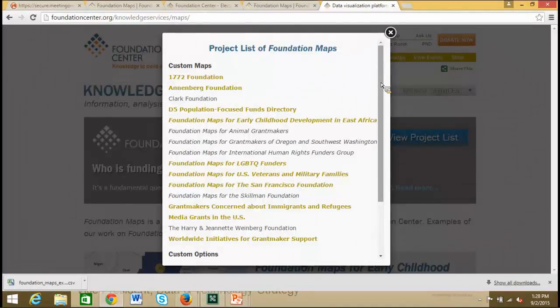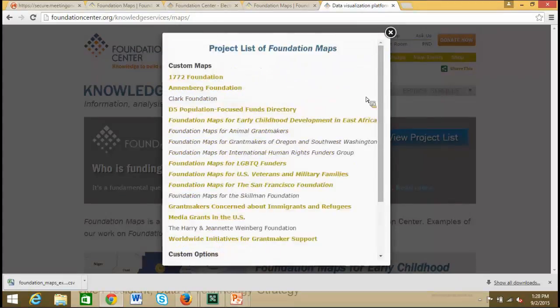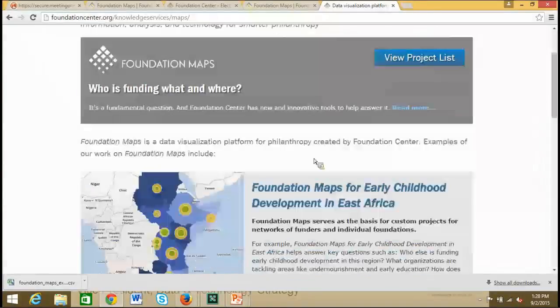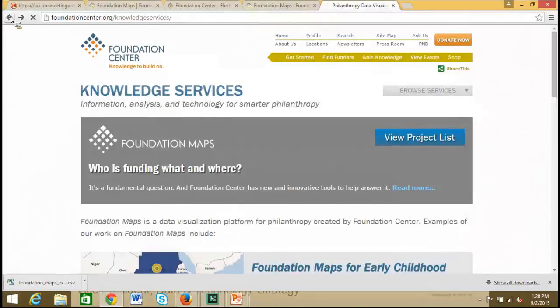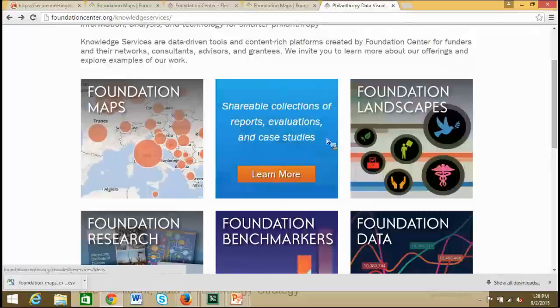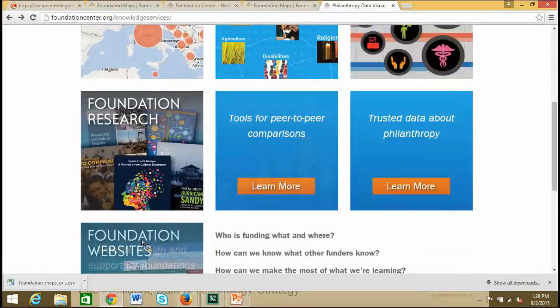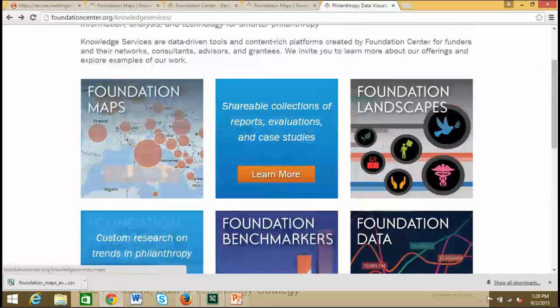If you click on maps here, you'll see a list of the actual foundation maps, and some of the custom options, enhanced versions, and things like that. You can also see some of the other custom kinds of activities that we do, like case studies and evaluations, big landscapes, and benchmarkers. There are examples all over the place.